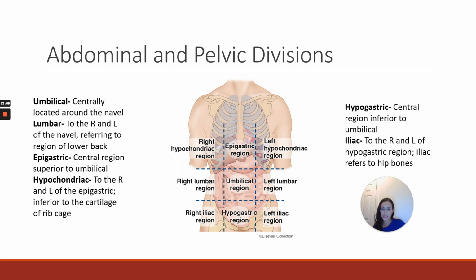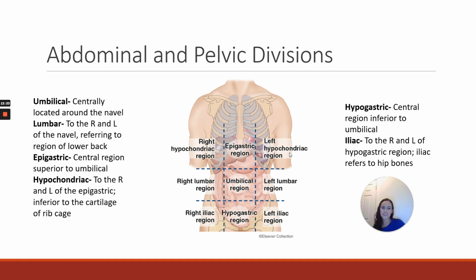Again, very self-explanatory. The iliac is referring to the iliac bones, the hip bones, and the right and the left side, anatomical position, guys. Epigastric. Epi means above. So if the hypogastric is below the umbilical region, the epigastric is above the umbilical region. And again, right and left, anatomical position. Hypochondriac.